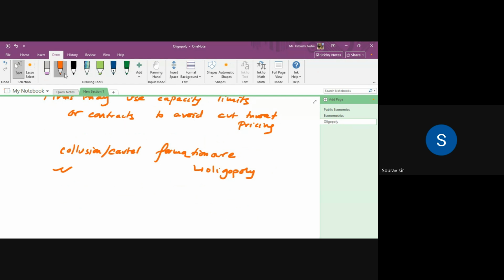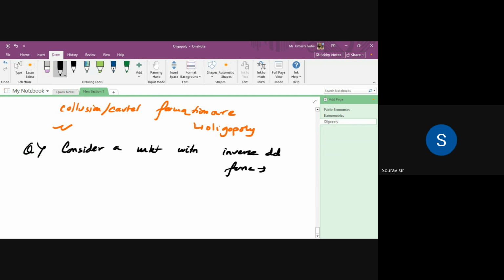Next, let's do one question on the basis of this. The question goes: consider a market with an inverse demand function, and that is P(Q) equals A minus BQ, where A and B are greater than 0, suppose.